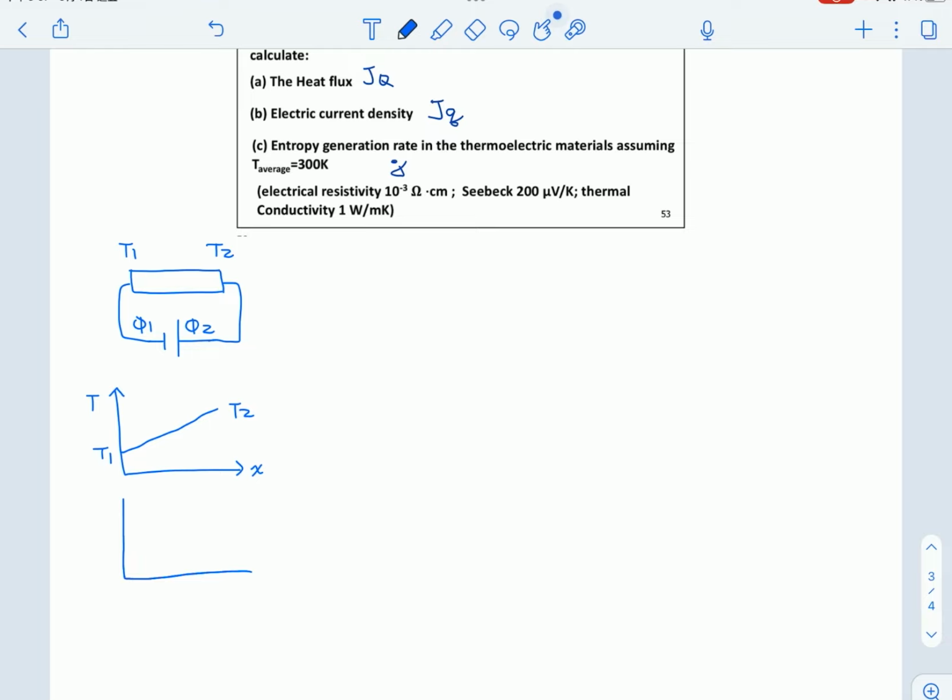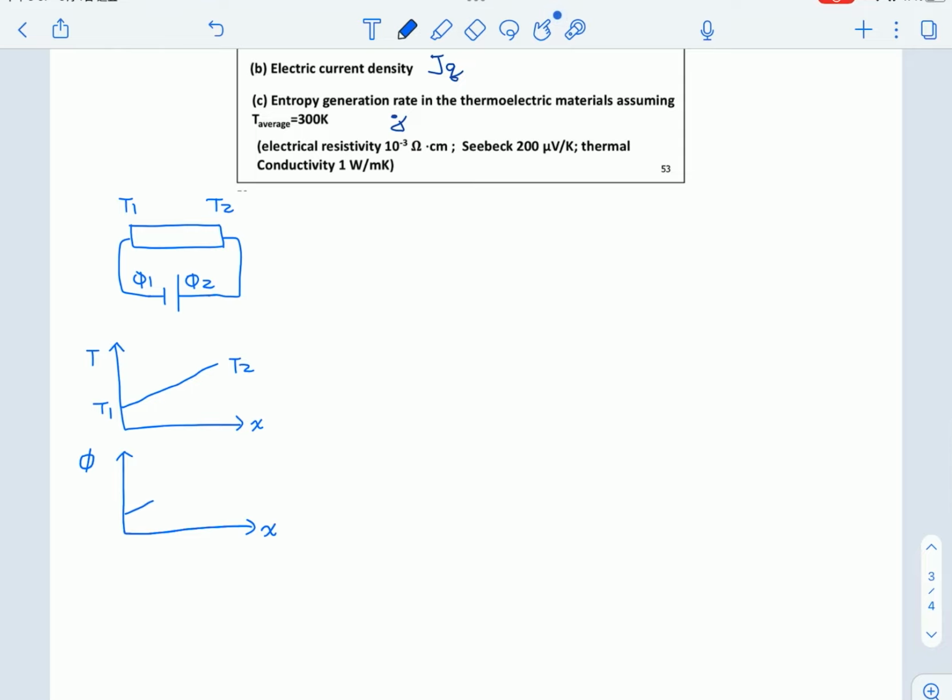And also plot the electrical potential as a function of location. So what's the relationship between phi1 and phi2? We assume phi2 is also higher than phi1. Okay, so let me just draw this.